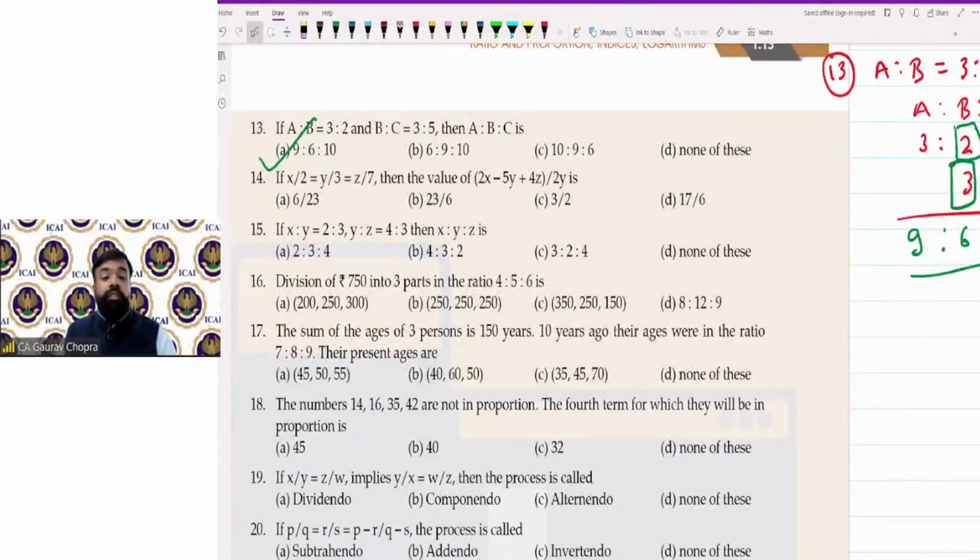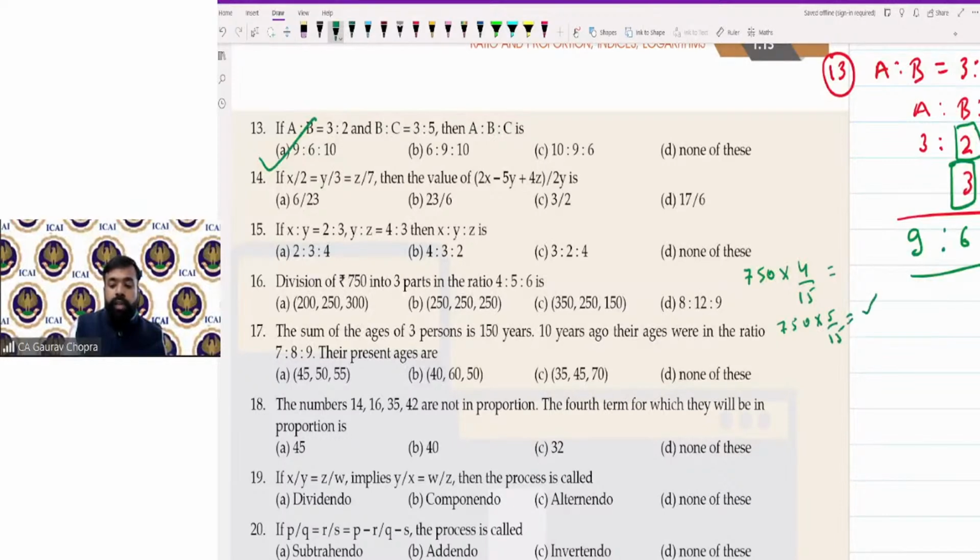16th one, division of 750 into 3 parts in the ratio of 4, 5 and 6. Very, very easy. 750 has to be divided into 3 parts. Given ratio is 4, 5 and 6. So yes, this can be easily done. So 750 multiplied by 4 upon the total, which is 15. This will be the first portion. Then 750 into 5 by 15. And then 750 into 6 by 15.